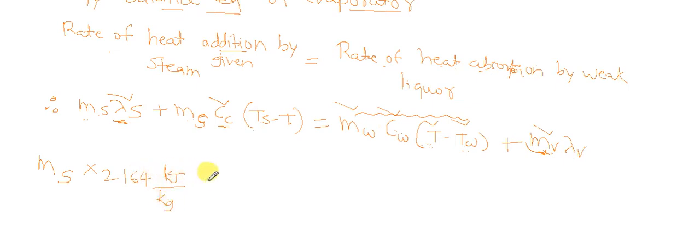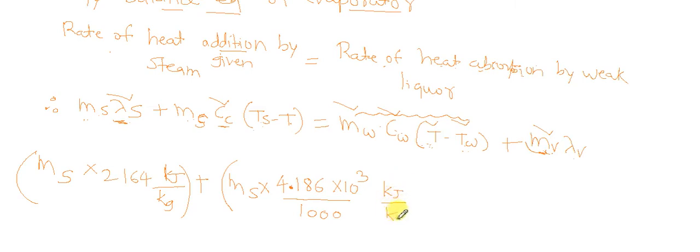Okay, plus, I take a bracket here, plus the same MS into 4.186 into 10 raised to 3. This 10 raised to 3 is in joule. We want kilojoule here, therefore I divide it by 1000, so that its unit is also kilojoule per kg.